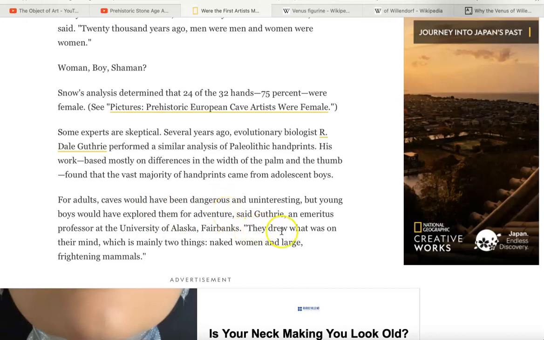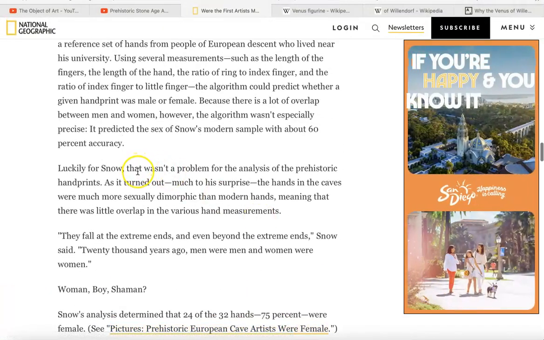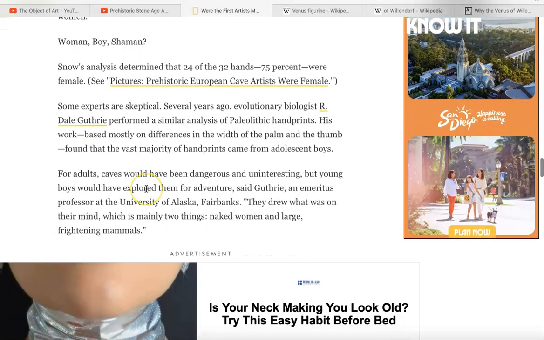Okay, they drew what was on their mind, which is mainly two things: naked women and large, frightening animals. Again, that's a big-ass assumption from this Guthrie person. And Snow, maybe that's a big assumption too, that the hands are mostly female hands, and this other person says they're actually adolescent.